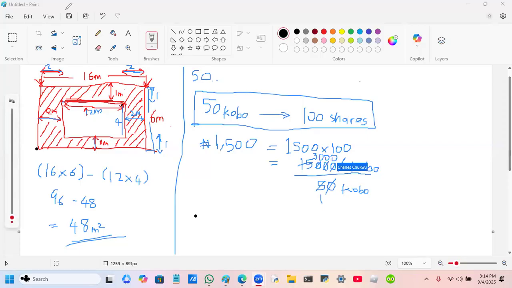So how many shares are there altogether? 3,000 shares. Please don't write it the way I'm writing the unit, so I won't be asked whether it is 3,000 kobo. No, it's 3,000 shares.